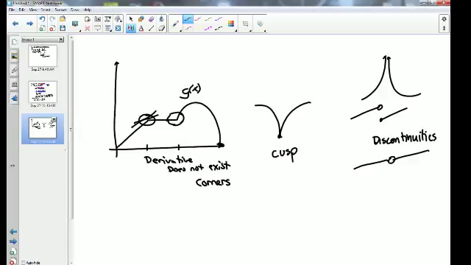So you're looking for where does the slope not exist? I find it much easier to think of derivative in terms of slope because you've always worked with slope. Any questions?